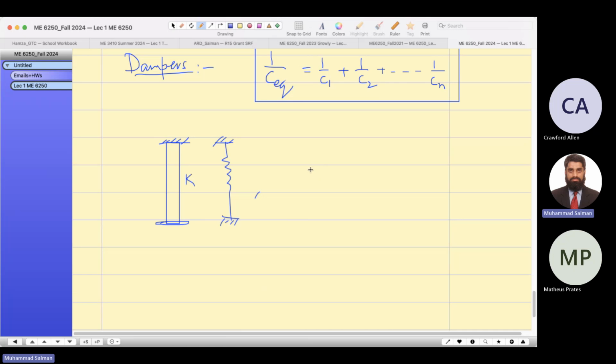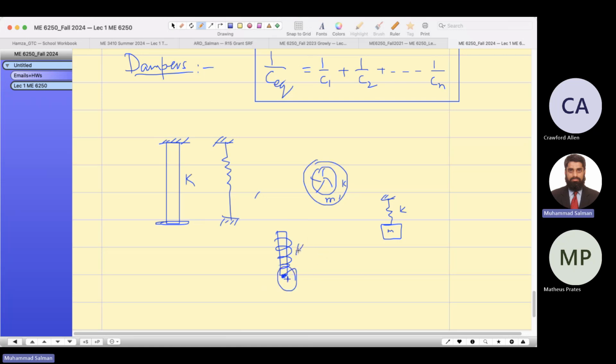And if you have a car wheel, the car wheel has mass and stiffness, so you can assume this is a mass-stiffness combination. And if you have struts, these are the dampers, the coils, and they are attached to the wheels here.